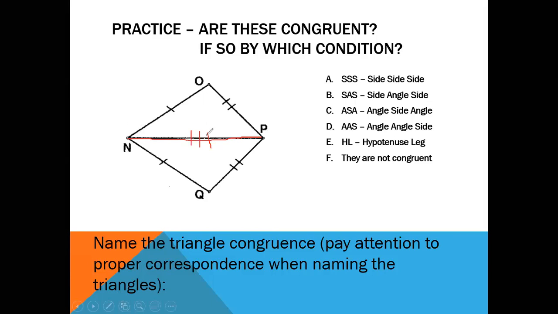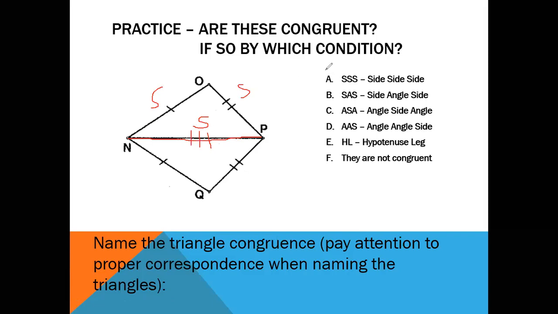The bottom of this triangle is going to be congruent to the top of this triangle because they share it. So you're allowed to mark vertical angles, and you're allowed to mark when they share a side. You can mark that it's congruent to itself.